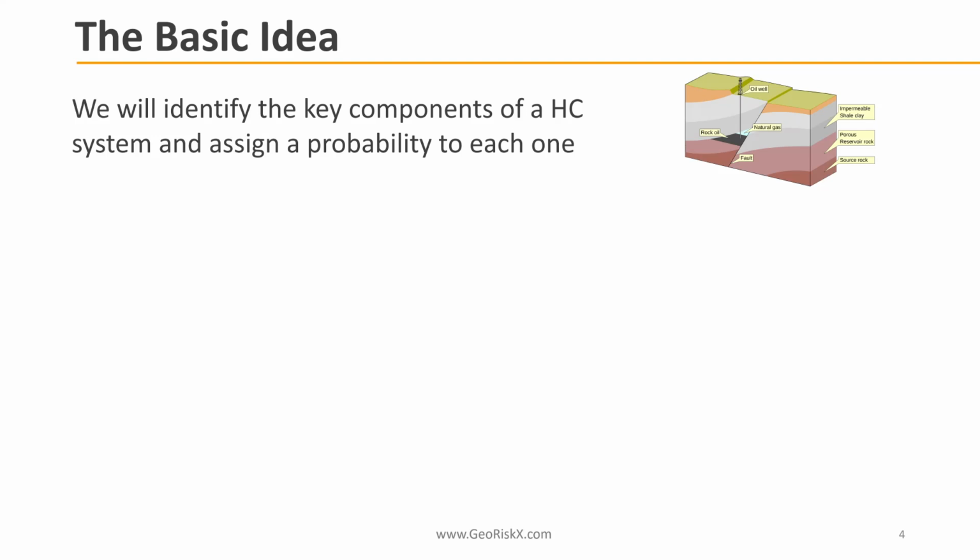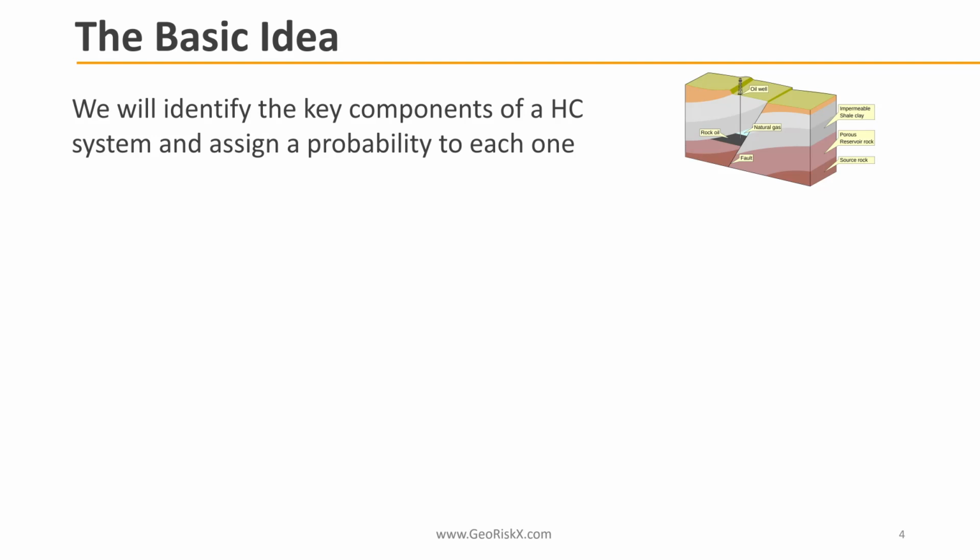What are the key components here? Well, the first question is, what's our structural trap? The second is, what is our seal? So, okay, we've got this structural trap, we've got a high area, we've got an impermeable clay layer above us, what's our top seal, our cross fault seal? Is the reservoir present?